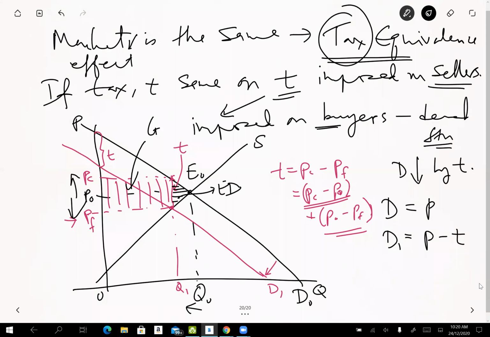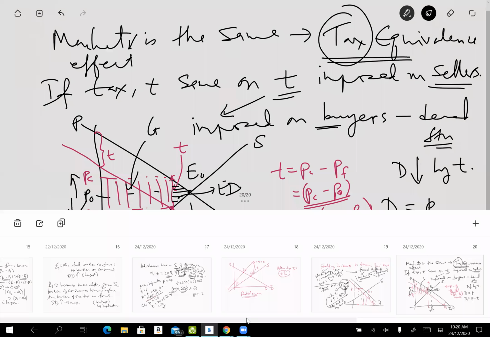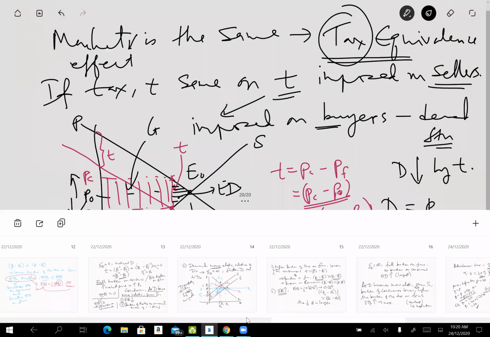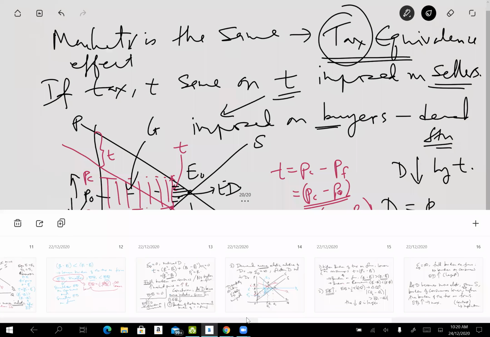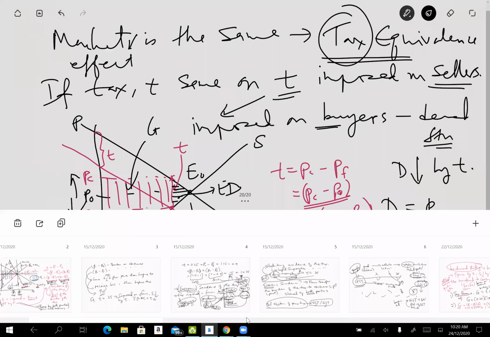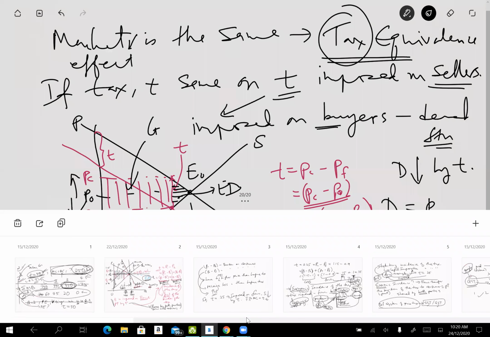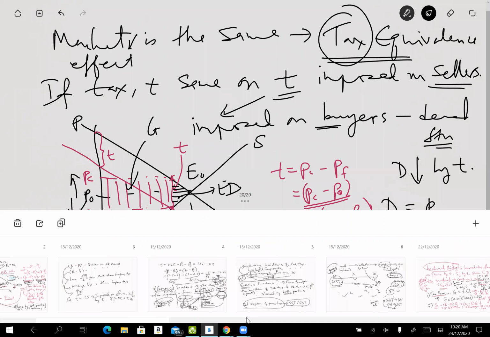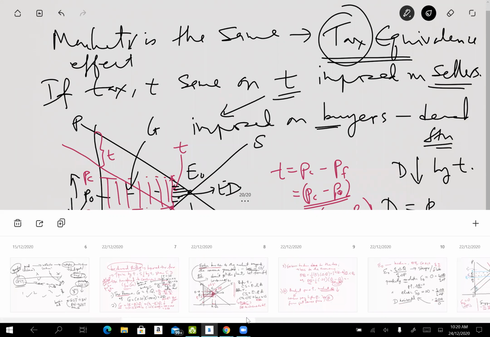So if we go back to the diagram, to the original diagram that I drew earlier, where was it? Yeah, I think I drew one diagram. Oh, this one.